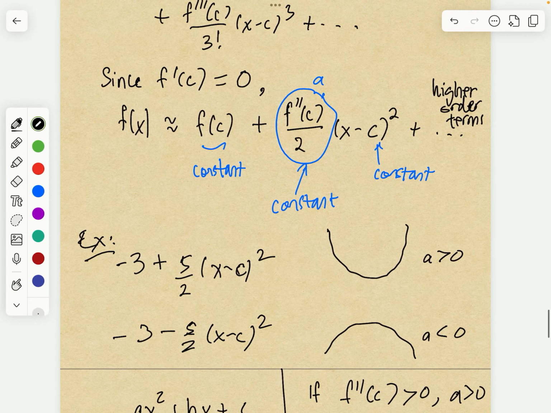And by the way, part of the Taylor theorem shows that these higher order terms don't matter. So your function isn't going to look exactly like a parabola, right? Because you have these higher order terms that are kind of changing things. If you didn't have any higher order terms, then your function would just look like a parabola.